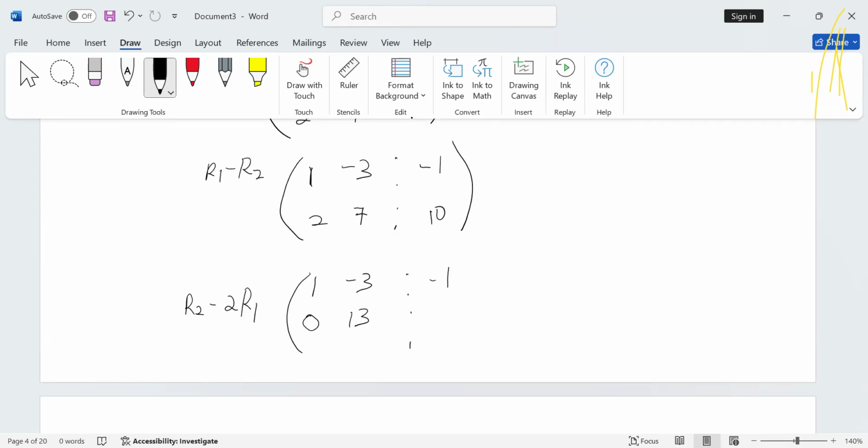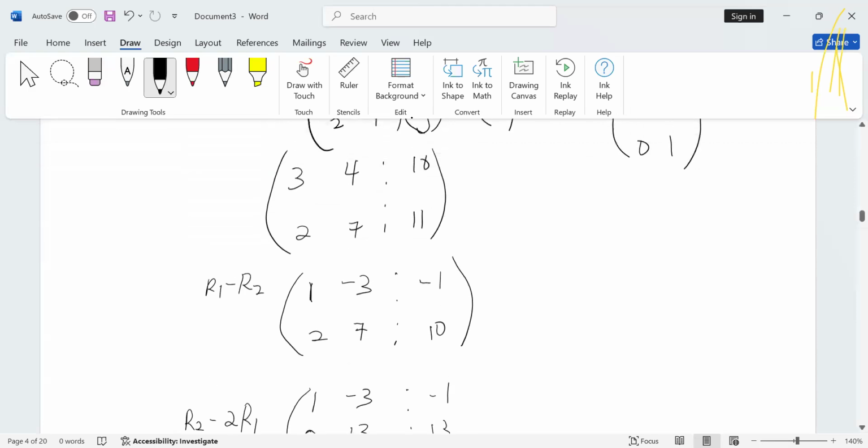The same thing we do here. R2 is 10 minus 1 times 2, which is minus 2. So that will give us 13. That is 11.